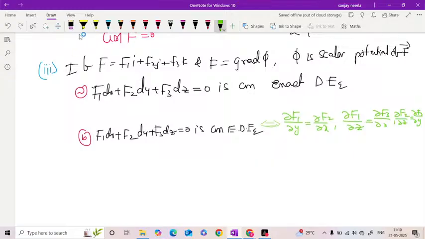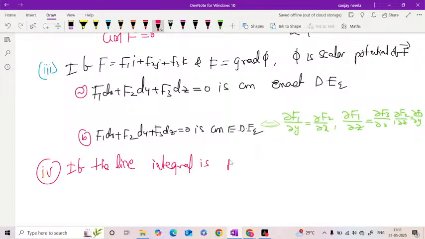Okay, now here one more point, it is a new point. Suppose the line integral is path independent, that means assume the integral of F dot dr has an independent path.